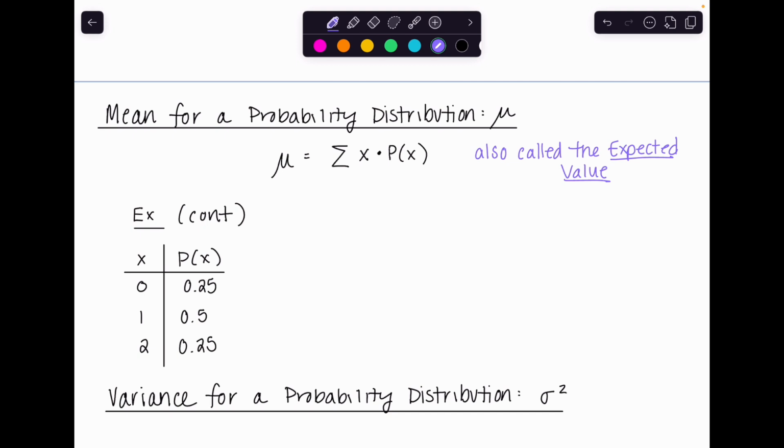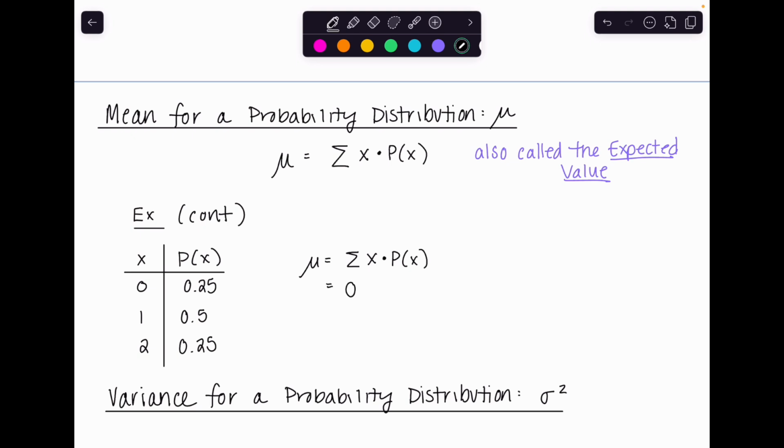It's what you would expect the outcome to be in this situation, what is most likely to occur. So for the number of females in 2 births, if I go to find this mean, I need to sum up each X times its probability.